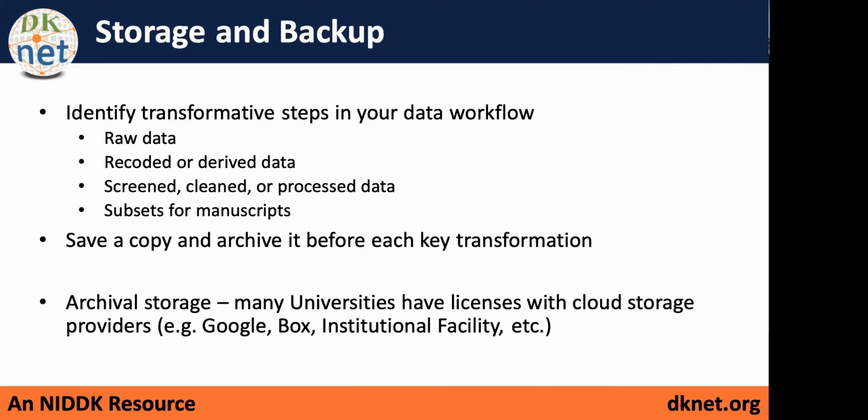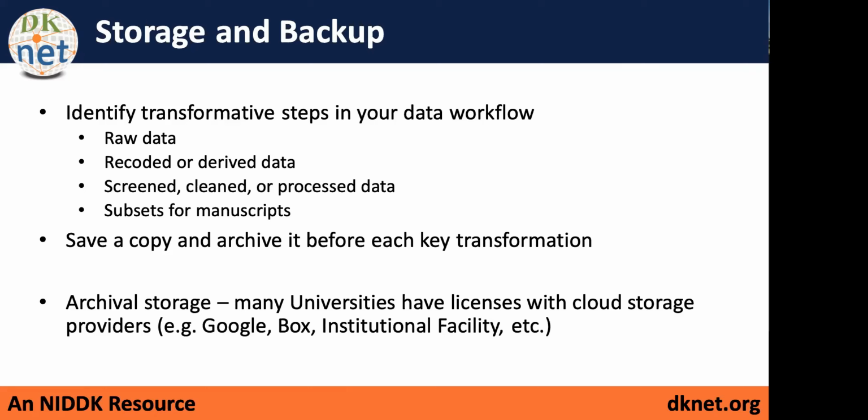So one of the things that you have to start thinking about when you're mapping this all out and preparing to collect your data for future sharing is to identify the transformative steps in your data workflow. How is the data being collected? Where is it being collected? For example, the raw data might be collected somewhere else.